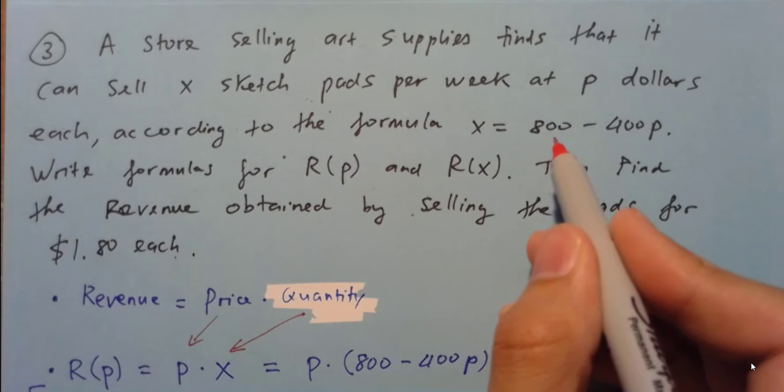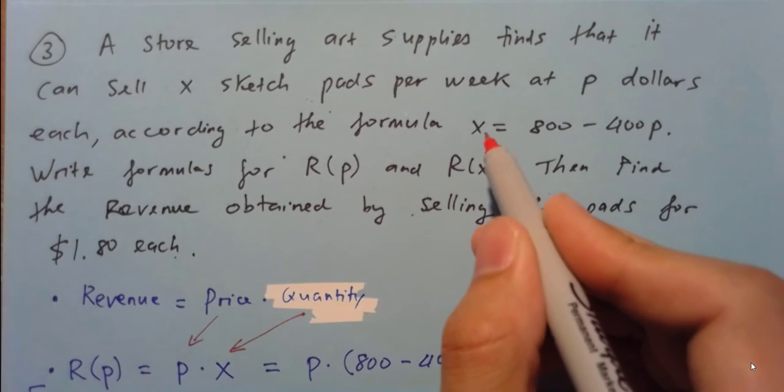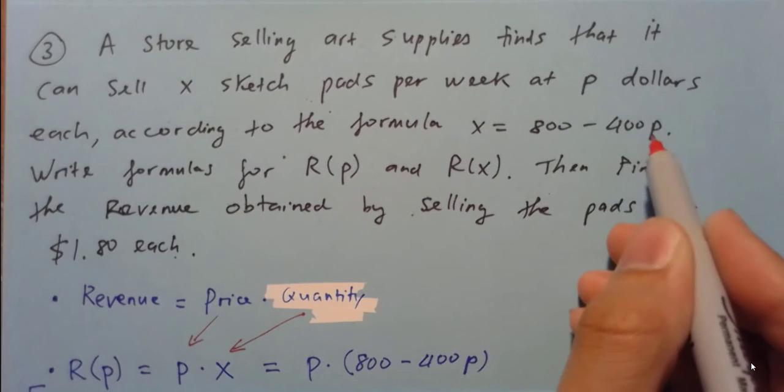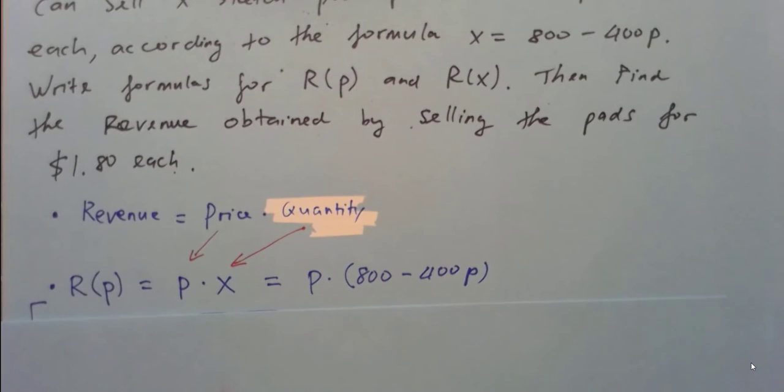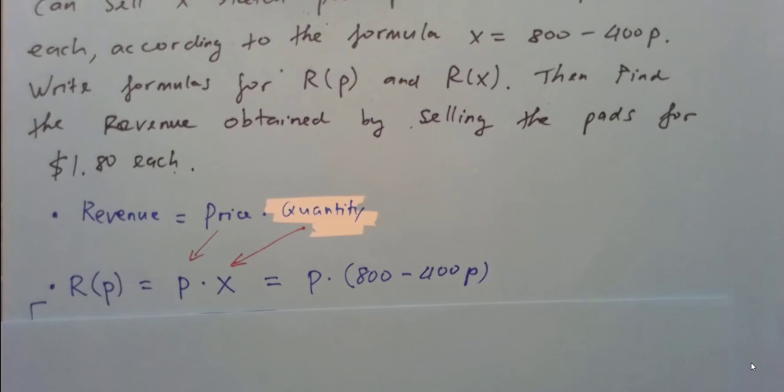X is equal to 800 subtract 400P. So instead of writing X, we can now write 800 subtract 400P for X, so that we can see the letter P appear here. The same thing. That's why you can see the function now is all in terms of P.